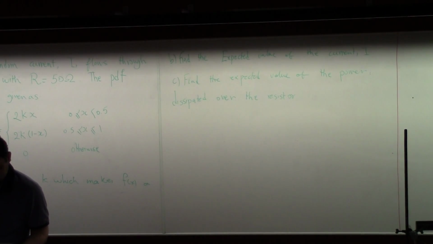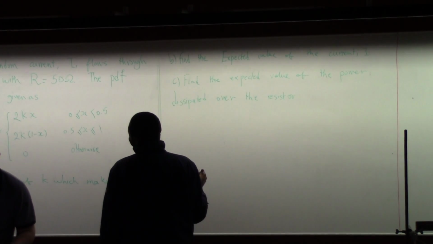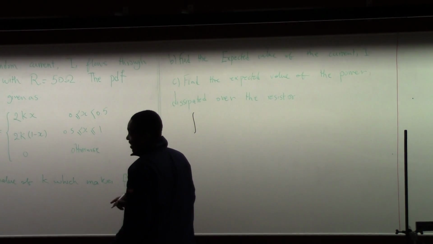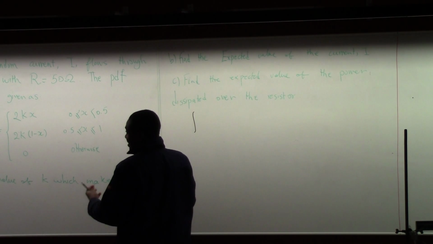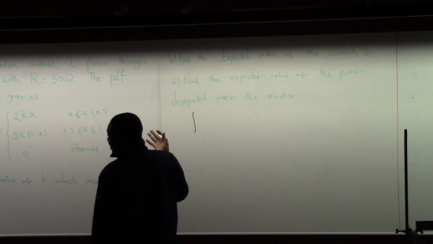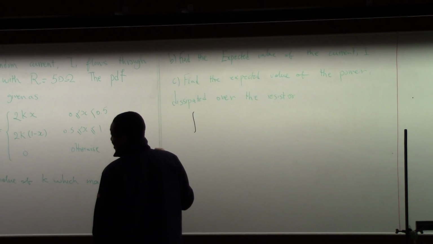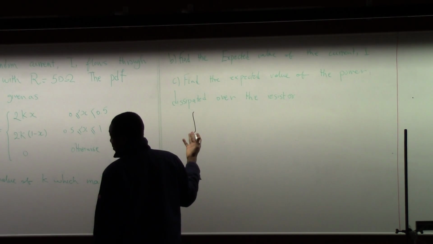Then this is the continuous case. What is the definition of a PDF? What do we mean by valid PDF? The integral within the interval is 1. The integral from where? From negative infinity to infinity.